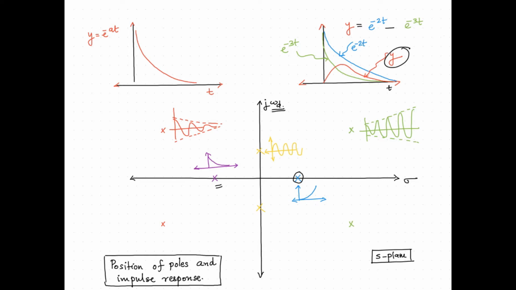So, any function of the form e raised to minus at will be an exponentially decreasing function or it can be treated as a decaying function. This has resulted from the transfer function 1 by (s plus 2) minus 1 by (s plus 3). So, this shows that if the poles have negative real part, we get an exponentially decreasing function.